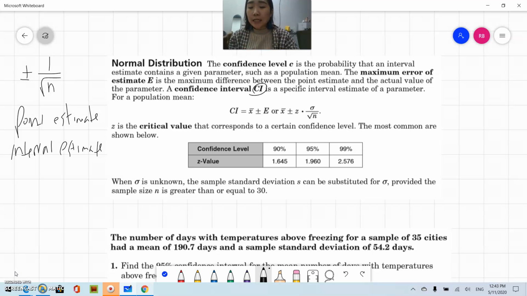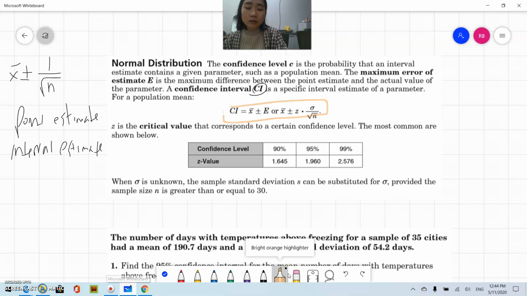How to find it: we don't do it this way, which, as I said, is an elementary way. We actually do it a little more formally with the equation written right here. Let's go over what these symbols mean. X bar is your mean. Z here is not a z-score, even though there is a relation.